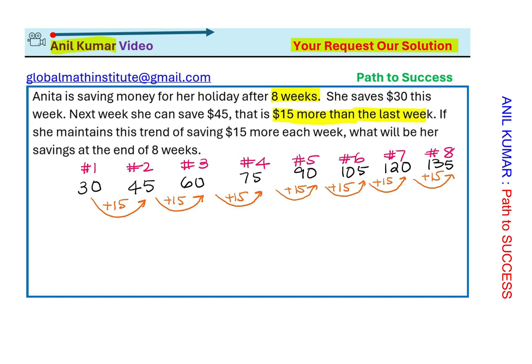So we got the full 8 weeks here, and we have the amounts starting with 30, adding 15 each time. And now the question is, what will be her savings at the end of 8 weeks? So we need to add all 8 of them. Now, how do we add 8 of them is the next question.